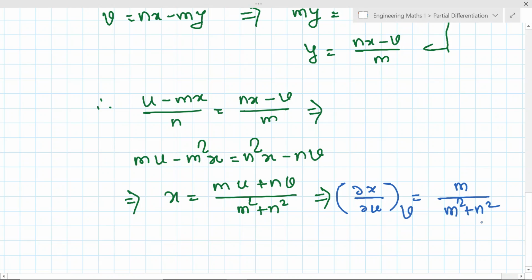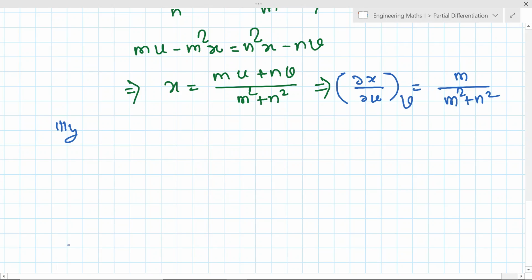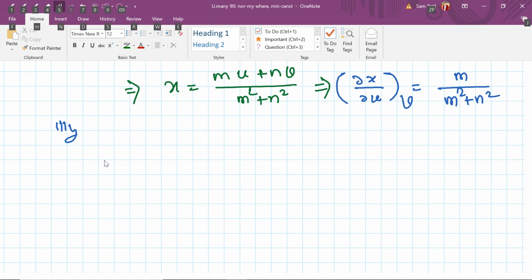Okay, similarly we can remove the x from the above two equations. Similarly जर तुम्ही x रिमूव्ह केला, जसं आपण y रिमूव्ह केला आता, तसं जर तुम्ही x रिमूव्ह केला, ओके, तर आपल्याला काय मिळेल बघा, v चं एक्सप्रेशन मिळेल, बिकॉज वी डोंट वॉन्ट u.